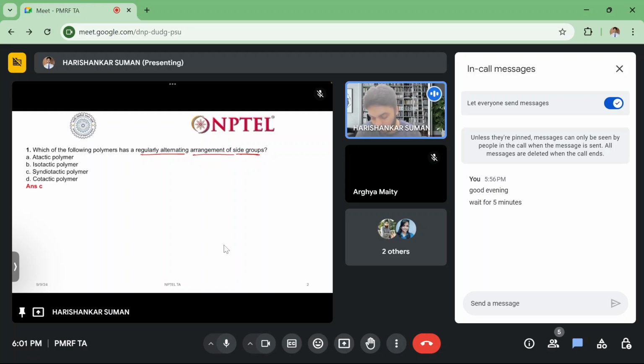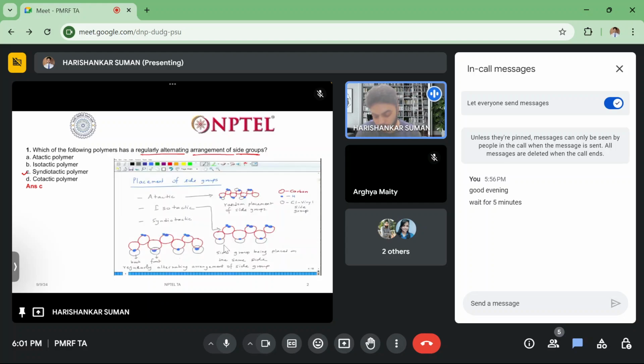So the answer is C, syndiotactic polymer. And let's discuss atactic polymer, which has a random placement of side groups. Here is a carbon atom and H atom.